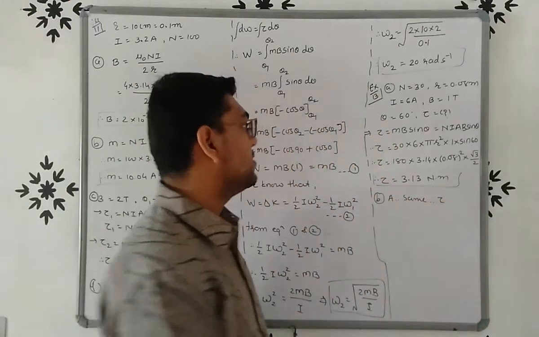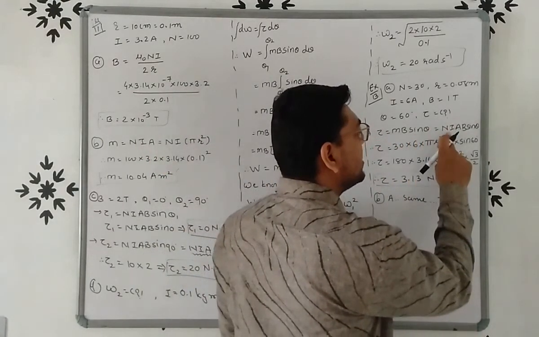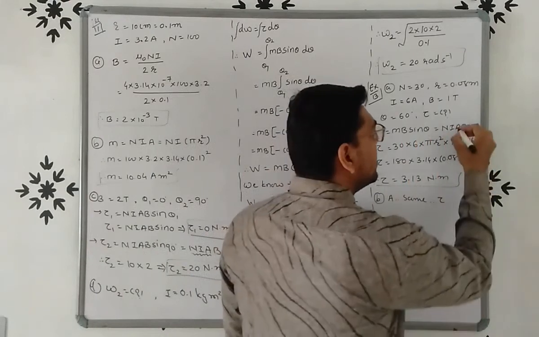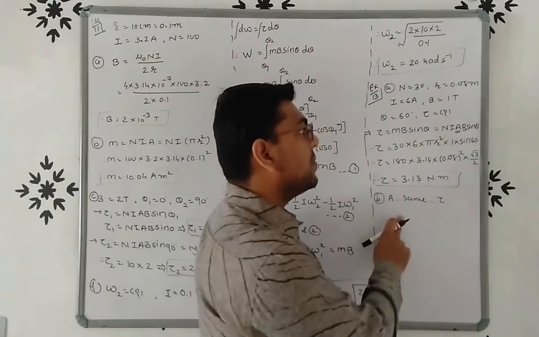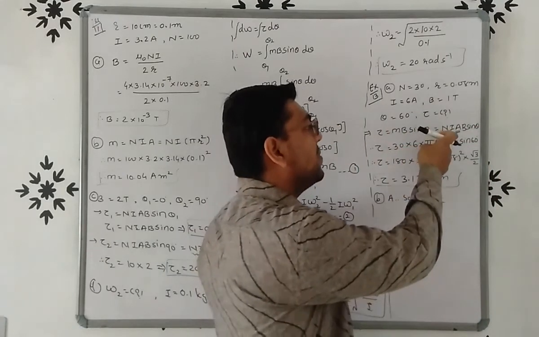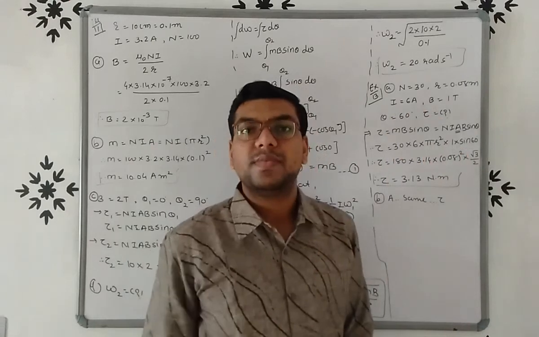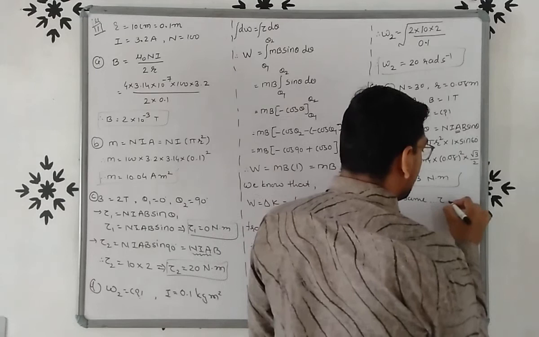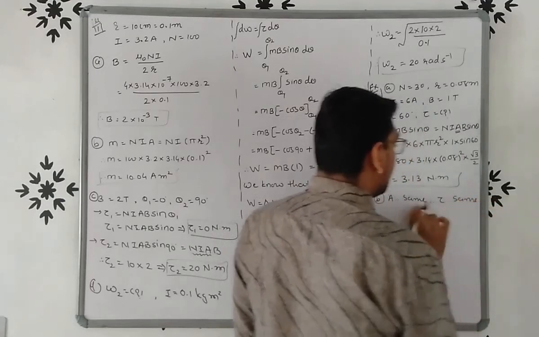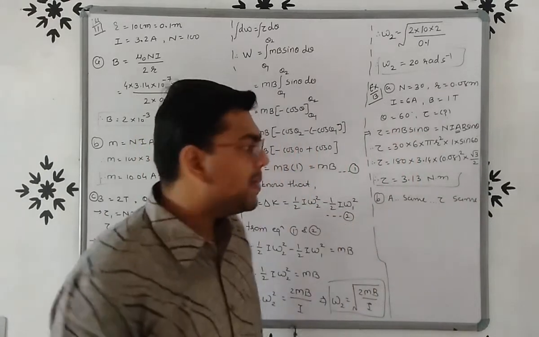So see here friends, we already know the formula of torque. Tau is equal to mB sin theta, or we can say NIAB sin theta. So here the area will be the same. So here also number of turns, current and magnetic field are the same. So here the torque will remain the same. So if the area is the same, then torque will be unchanged.